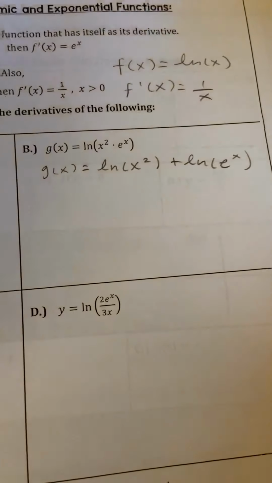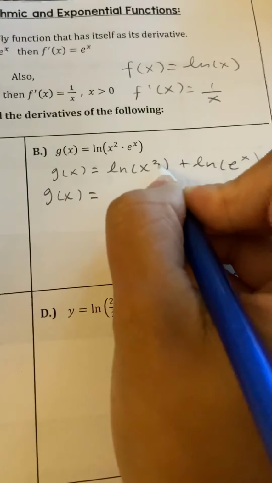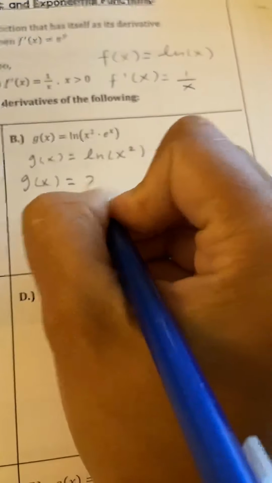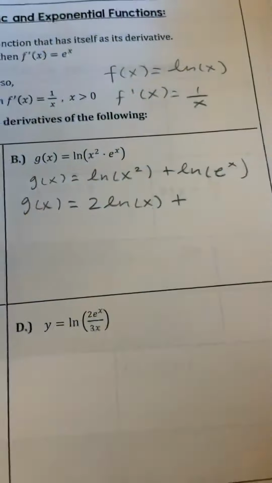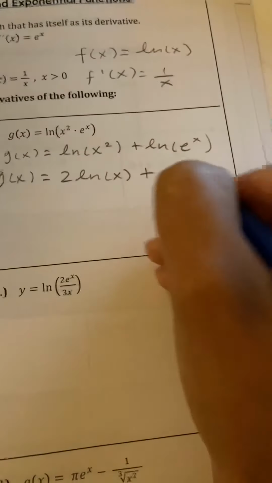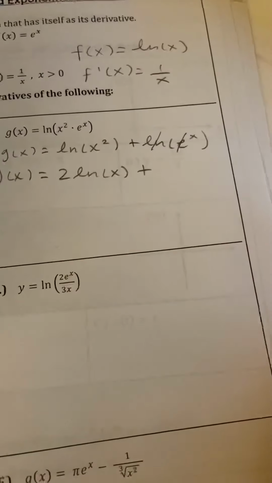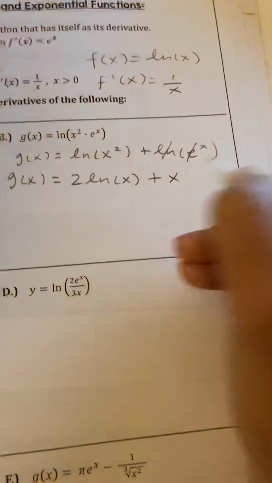Okay, we can still rewrite things. So g of x equals, same thing with the 2 here, the exponent, I can just move it to the front. So I would have 2 ln x plus, all right, when you have ln and e literally right next to each other, like I do here, they cancel. And now that x is not just the base, so plus x.